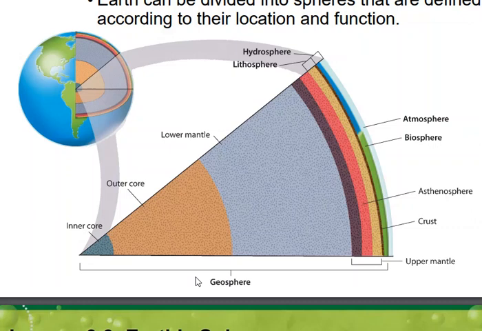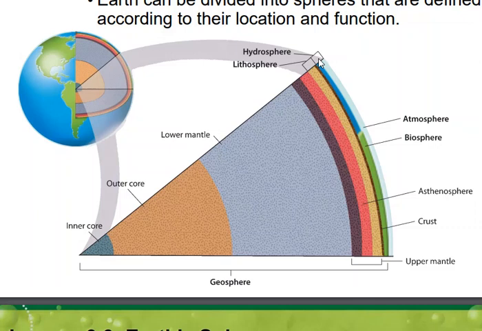Okay, the lithosphere, which is up here, right, is the hard rock on the Earth's surface and the hard rock just below the Earth's surface as well. It's the outermost layer of the geosphere. So you see how they're connected, and one is part of the other.